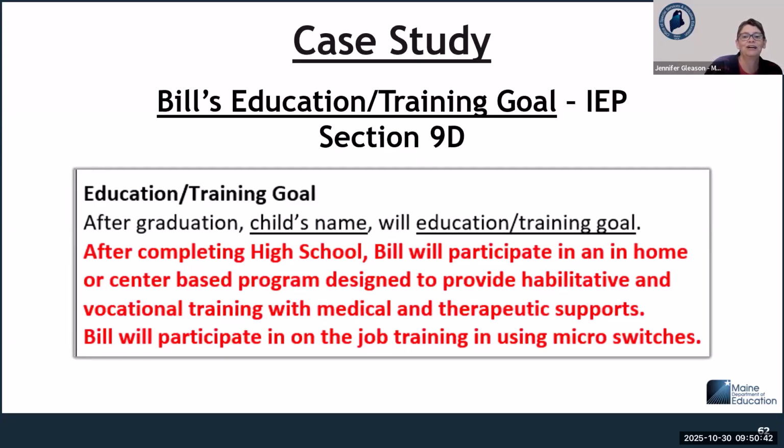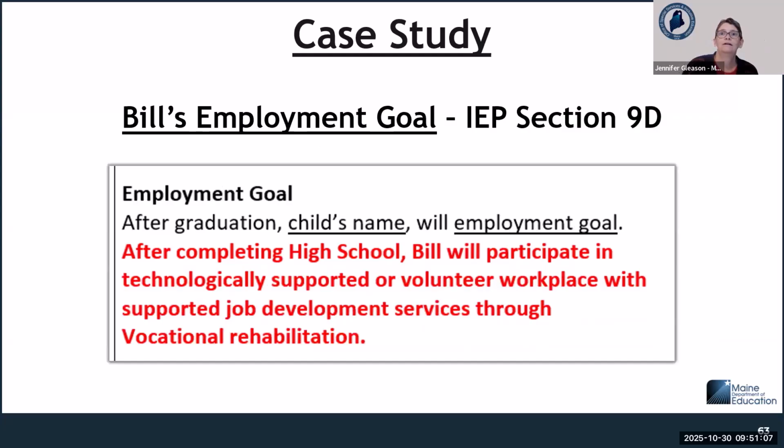So he has a goal to participate in on-the-job training using a switch. He's going to be in some kind of center-based program or in-home, and he's getting all kinds of vocational, medical, and therapeutic supports. And he's going to participate in some kind of job training using switches. For an employment goal, he'll participate in a technologically supported or volunteer workplace with supported job development services through Voc Rehab.